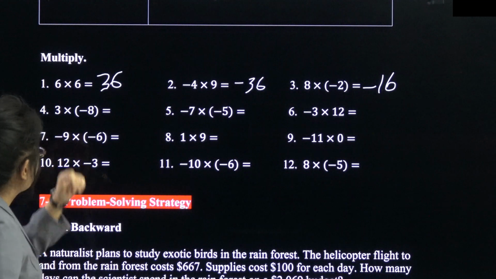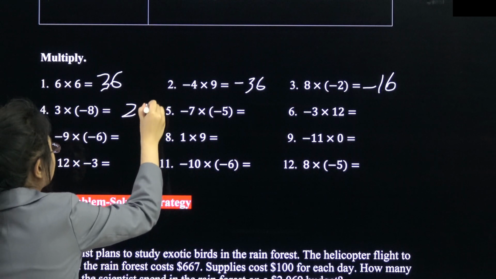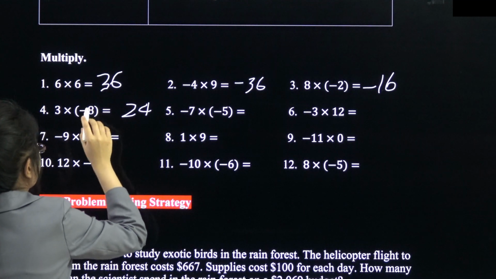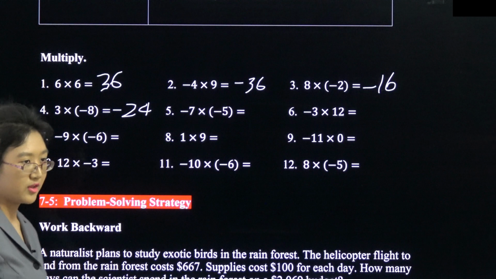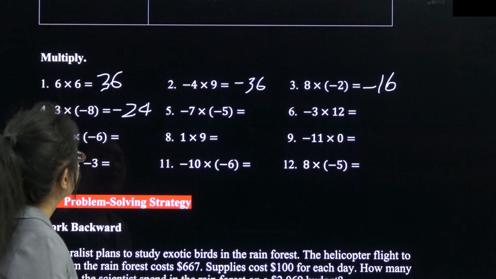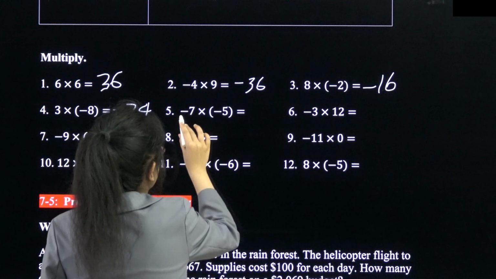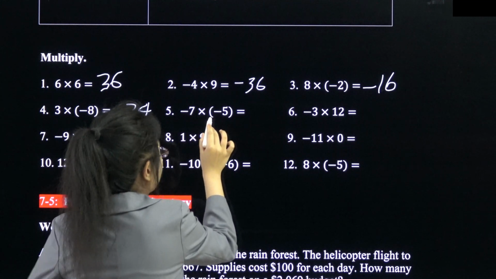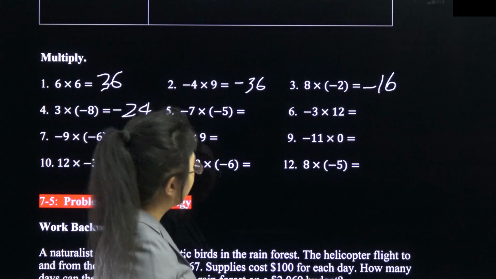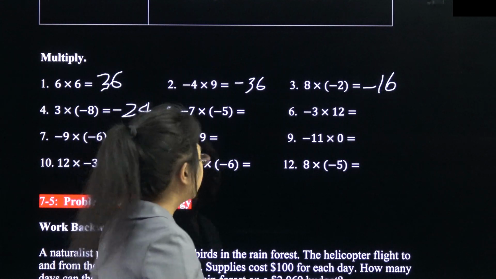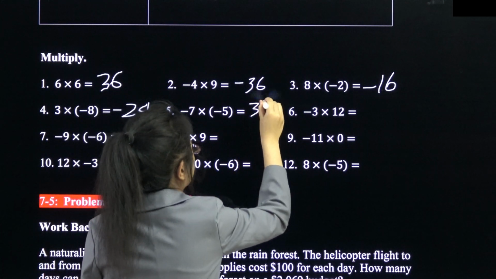3 times negative 8. 3 times 8 is equal to 24, but it's positive 3 and negative 8, so it's going to be a negative sign since it's not the same. Negative 7 times negative 5 is 5 times 7, 35. These two both have the same sign, so it's going to be positive 35.